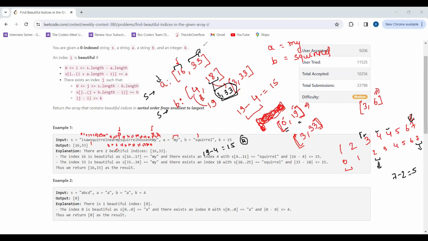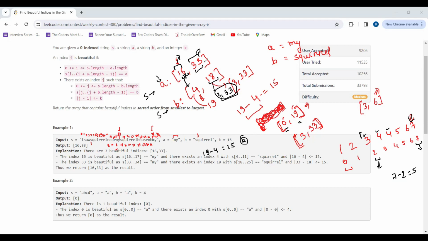Actually, we'll need to do it in the other order. We'll need to search for indices in A against the indices in B. Then we can point out that this was 16, this was 33, around which we could find the elements. Because for 18, 16 is also valid.